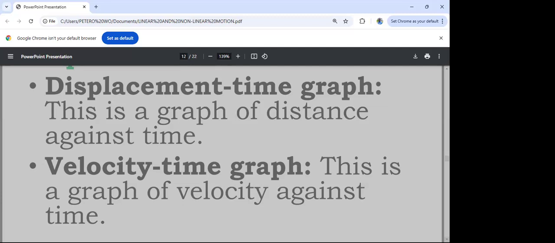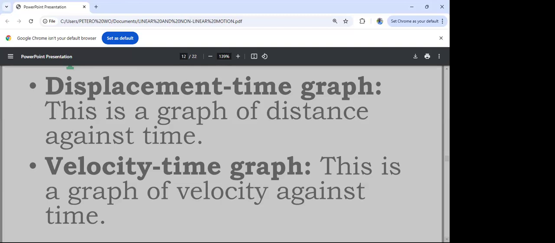What do they mean if they say displacement time graph? They mean that graph has displacement on the vertical axis, which we call the y-axis, and then it has time on the x-axis or the horizontal axis.